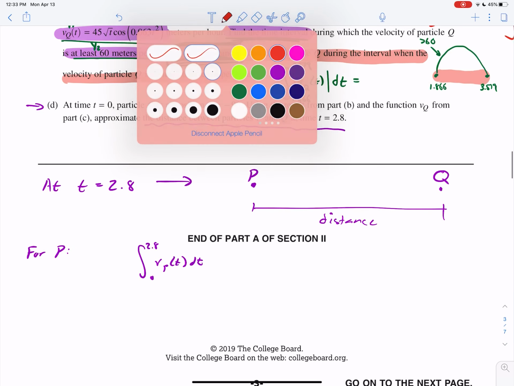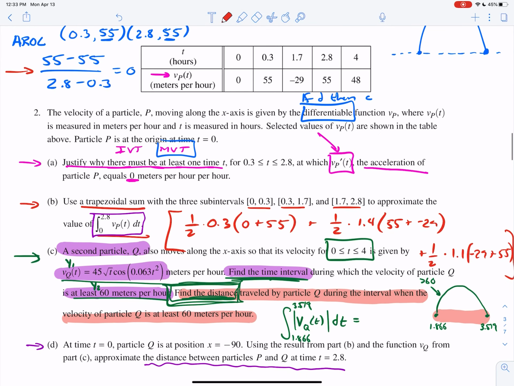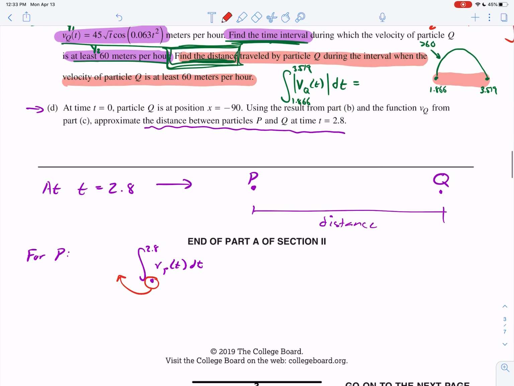We actually have to consider where we started, but they tell you right here, I'll highlight it, particle P is at the origin. So I'll just put 0 plus here.